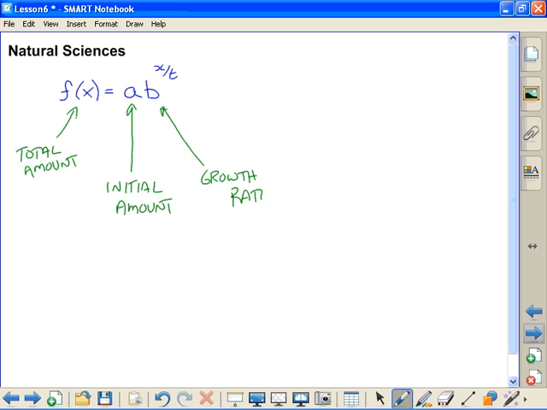So you're going to see things like half-life, which would mean that B is equal to 1/2. You're going to see doubling time. So these are the types of expressions you'll see in the word problems. B would equal 2. There's a couple others. Those are the more common ones, but there will be others that come up.